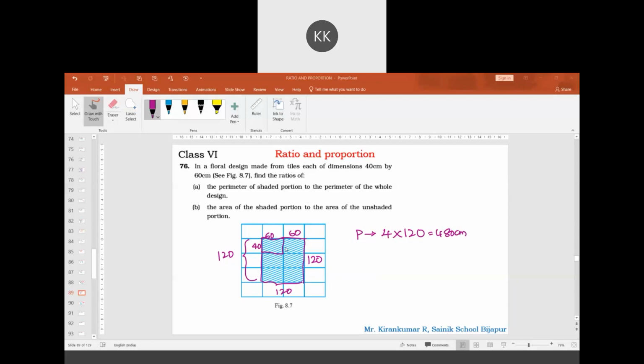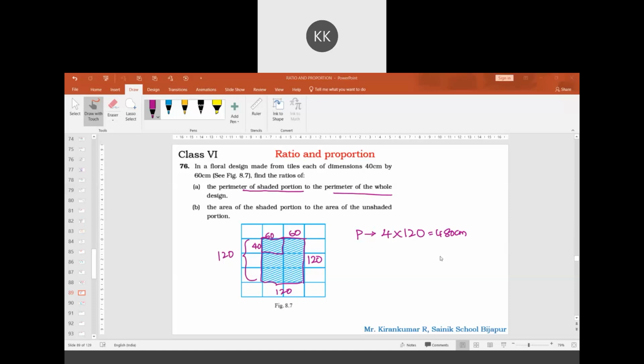Okay, done. This is the floral design. They have asked, sir, perimeter of the shaded portion. So this is the perimeter of the shaded portion. Perimeter of the whole design. What is the meaning of whole design?